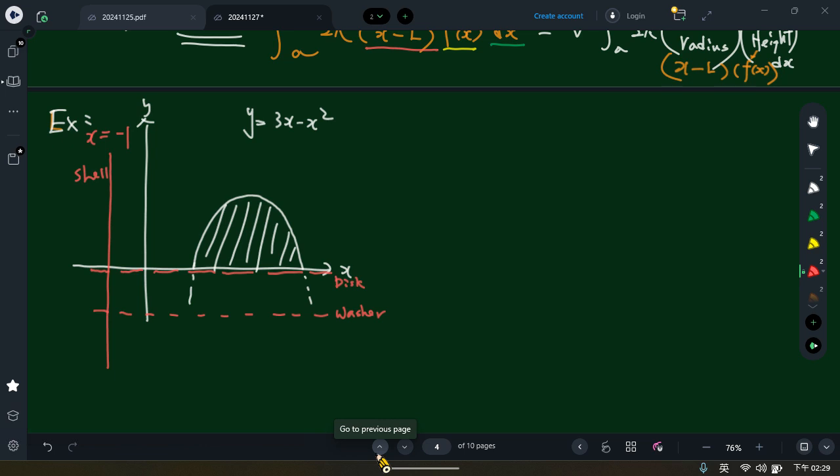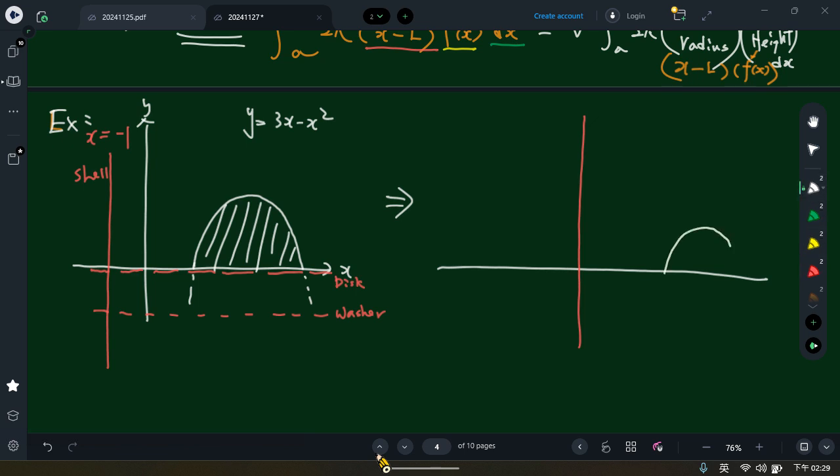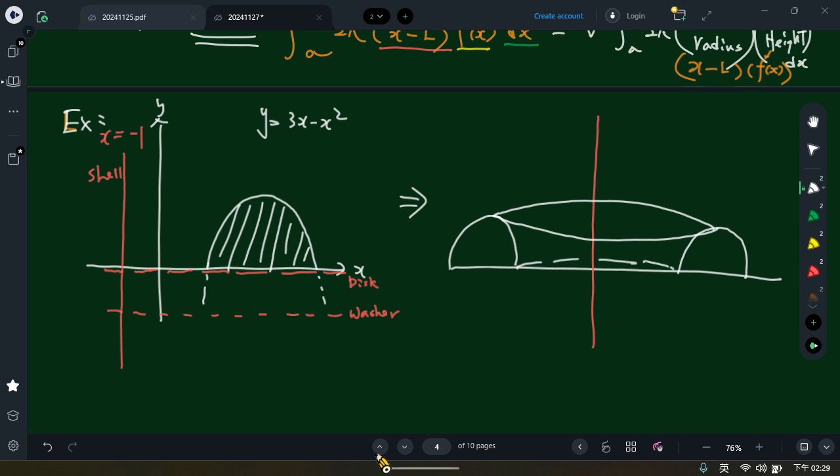Okay, so if we just rotate by this, you can just imagine that finally the shape will look like this one. Maybe not that precise, but almost the same.